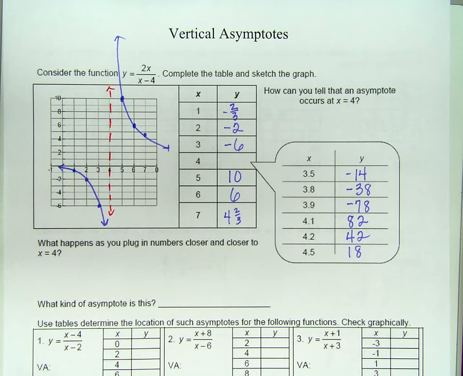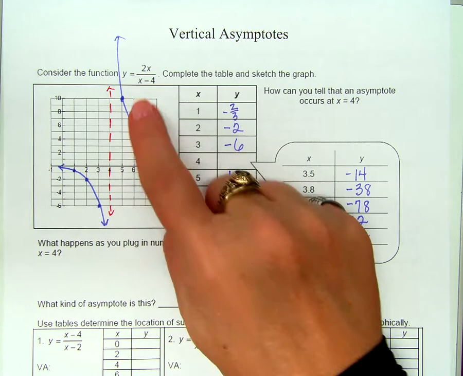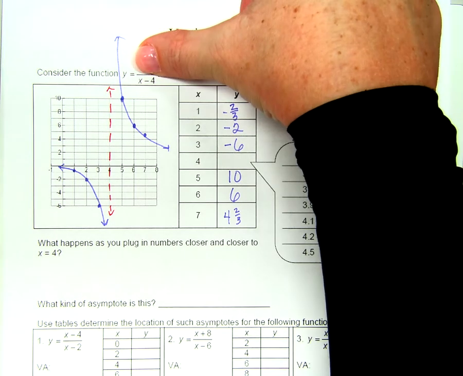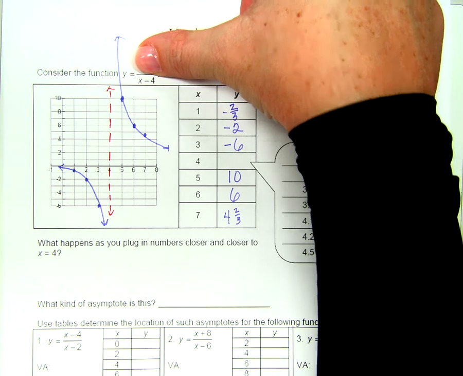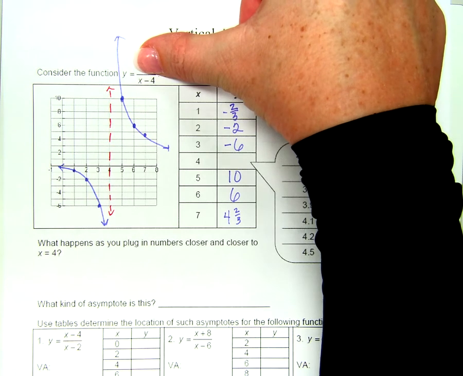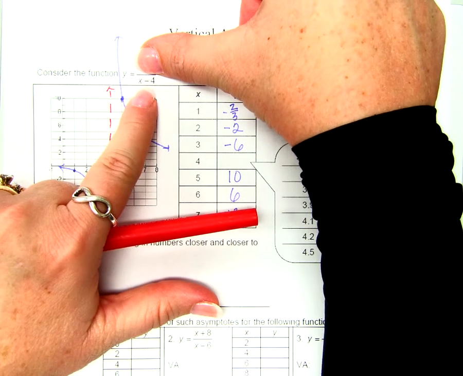Right there at 4. Could I look at this equation right here and know automatically that at 4 is where my asymptote is? Yeah, you could, right? How could I look at just the denominator? I'm already giving you the hint, okay? How could I look at just the denominator and know that it was 4?